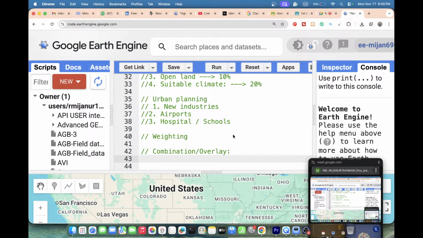Okay, and it's called the WLC. W for weighted, L for linear, and C for combination. So it's called the weighted linear combination.